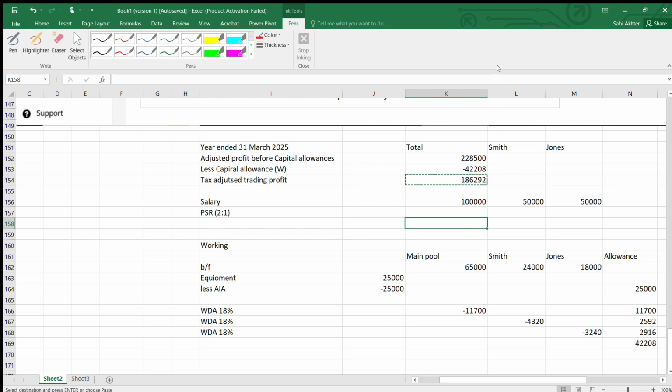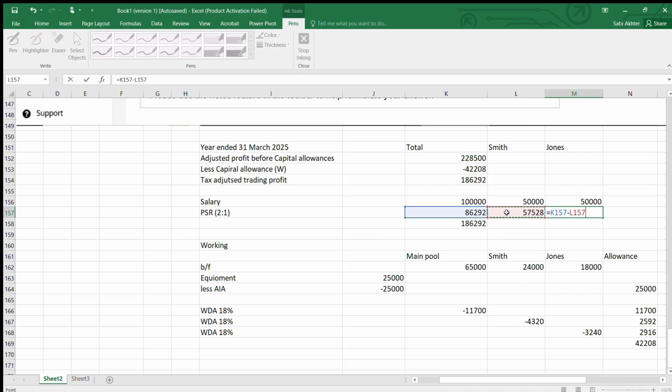Just place the value. And when you are getting it, do this minus this. Done. So this profit you have to share equally among this, into 2 divided by 3. And this one minus this one will get the balance.